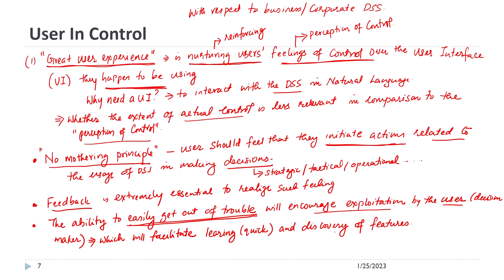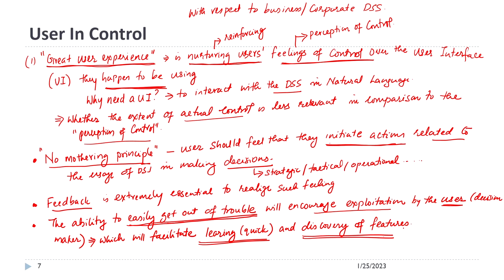So, once you know that I am not going to get into trouble, and even if I do, I can quickly get out of it, then quick learning and more feature discovery is achieved due to that.